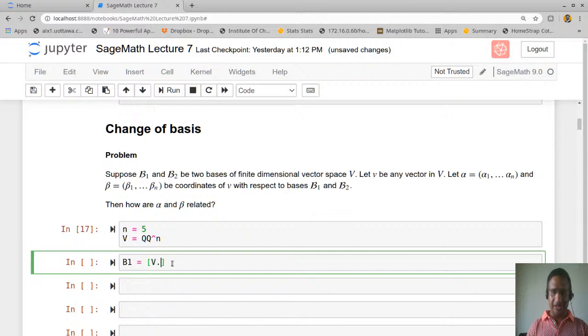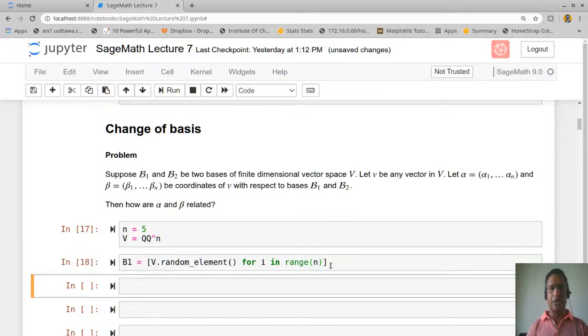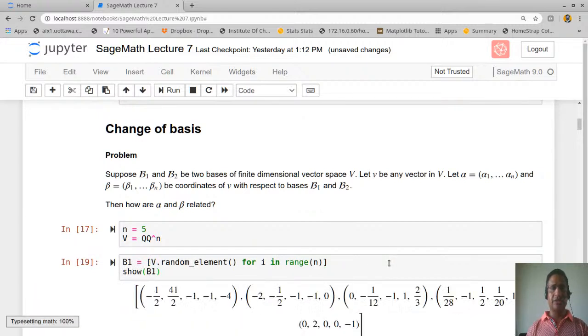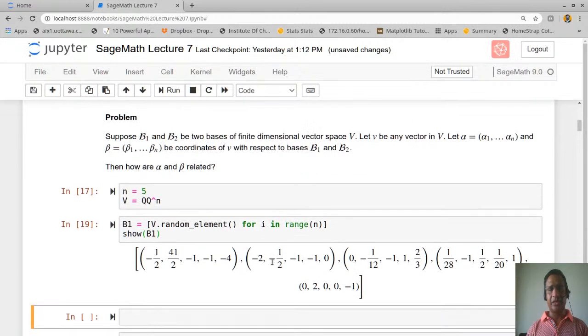We'll say v dot random element, and how many such elements? 5 of them. So we'll say for i in range n, that is b1. If you want, we will show what is b1. So these are the 5 random vectors.